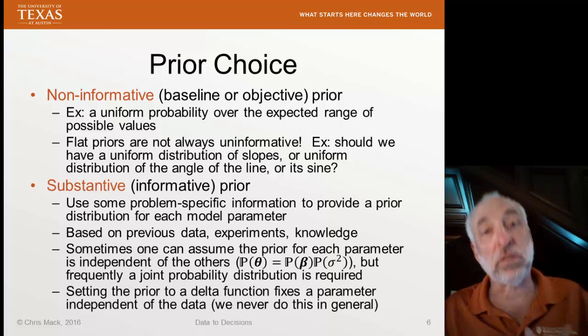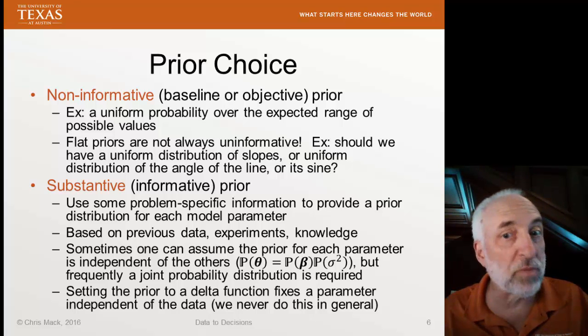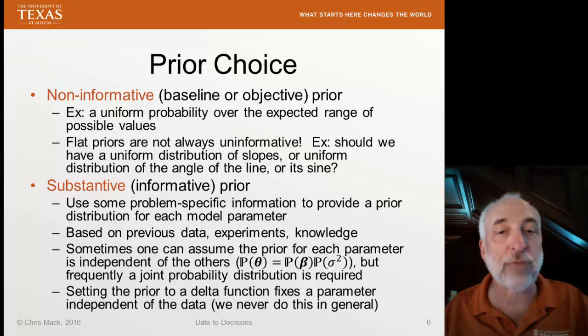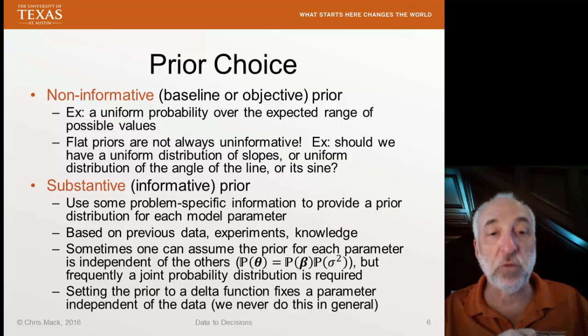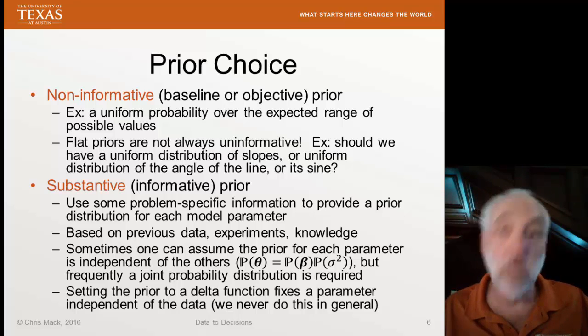But more important is the substantive prior. This is where we have some problem-specific information that came prior to our experiment, and we capture that based on previous data, previous experiments, previous knowledge, and we put that into a prior distribution.